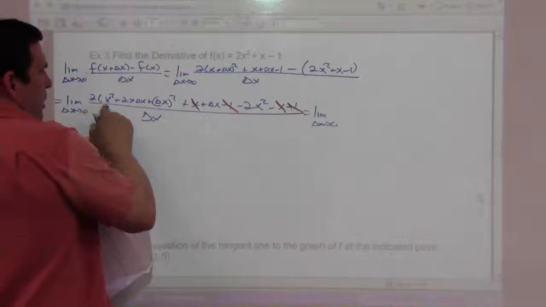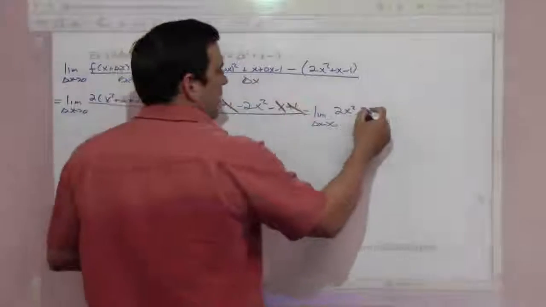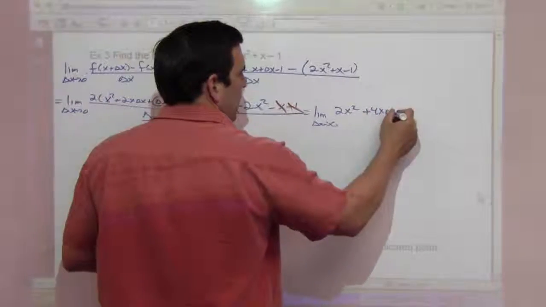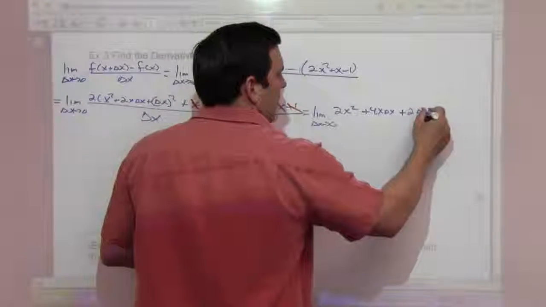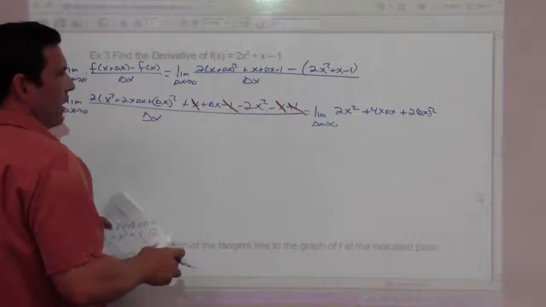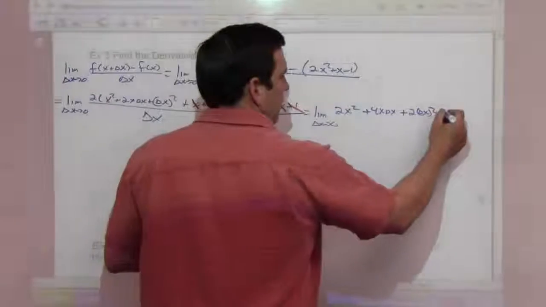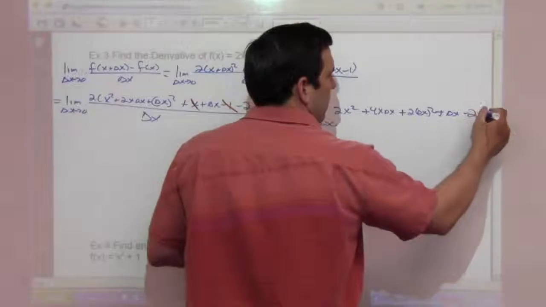Distribute here: 2 times x squared is 2x squared, plus 4x delta x, plus 2 delta x squared. And we have a plus delta x, minus 2x squared.